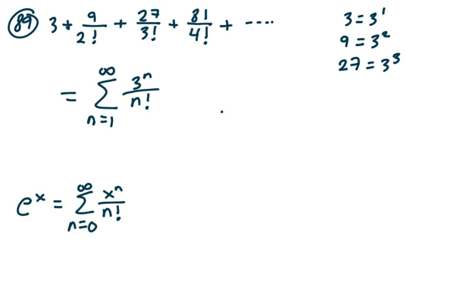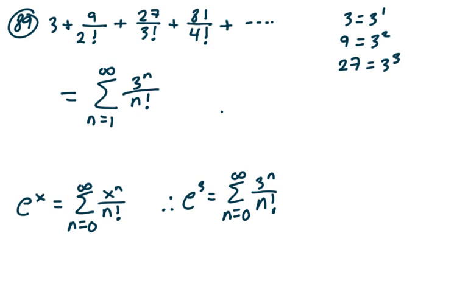And it looks close. Now, we can agree that e to the third is the summation from n equals 0 to infinity of 3 to the n over n factorial. But I would also pose the question, is that correct? And in short, the answer is no, right?